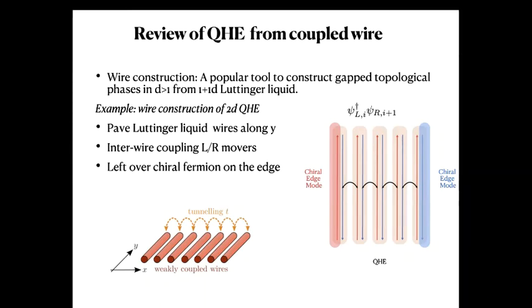What would happen is all of the helical Luttinger liquids are coupled, have interwire coupling between different rows, and they're fully gapped out. The only remaining modes that are not gapped out are, if we have open boundary condition, the left mode, which is up moving, and at the other boundary, the right mode, which is down moving, remaining gapless. And that literally becomes the fractional quantum Hall bulk with a chiral current localized at the boundary.